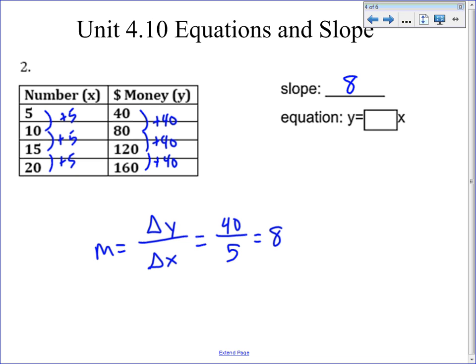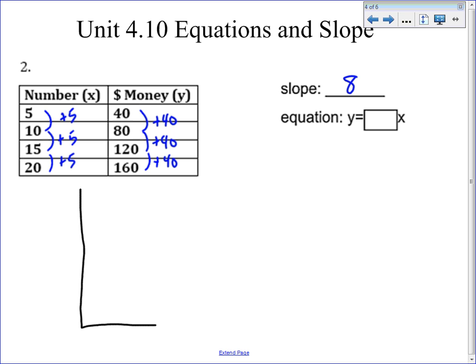To find our b is a little bit more difficult. We've got to think about this in terms of a graph. So let me draw a line here for our graph.